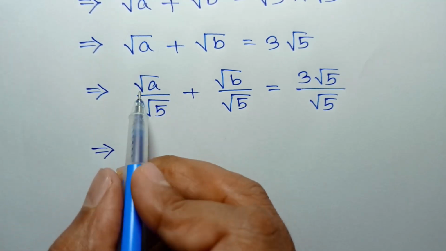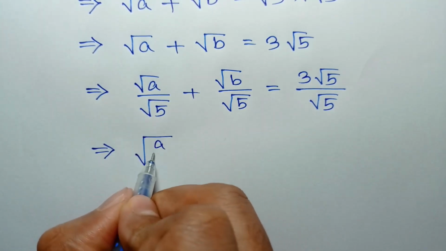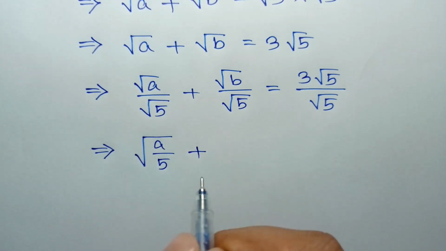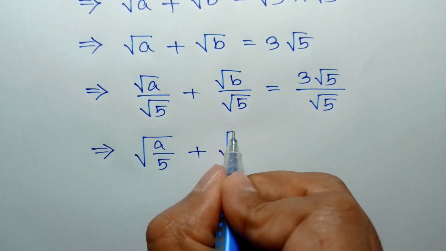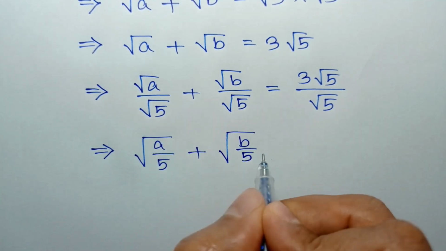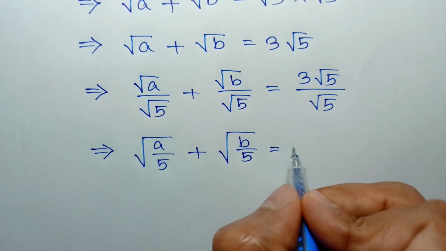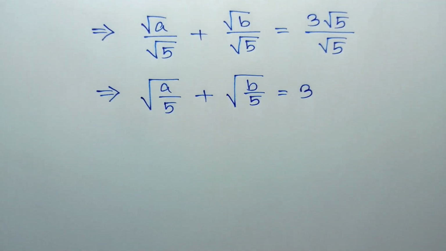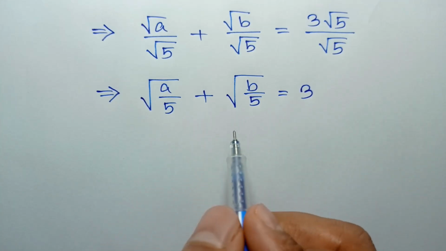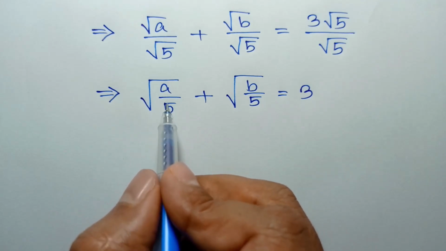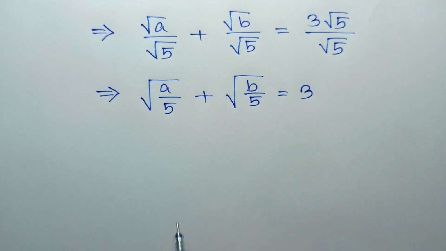Square root of a over square root of 5 can be written as square root of a over 5, plus similarly square root of b over 5, is equal to 3, as the square root of 5 cancels out. Now the right side is an integer, so the left side will also be an integer. So a over 5 is a square number and b over 5 will also be a square number.